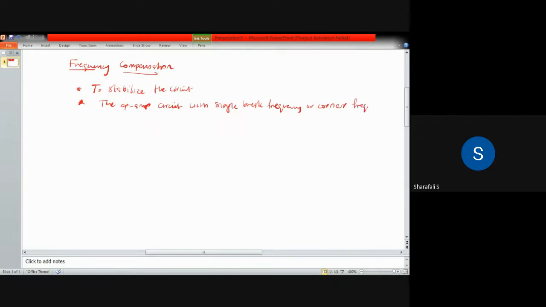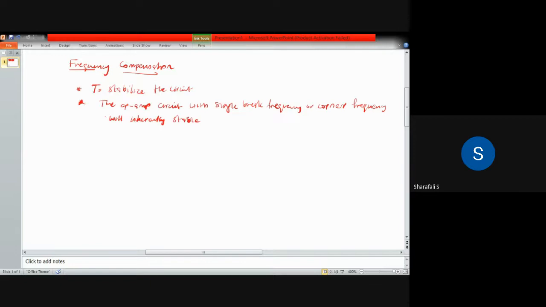This is the frequency at minus 3 dB less than that of the maximum gain. We already discussed this. So if you are considering an op-amp circuit with a single break frequency, in that case the circuit will be inherently stable.